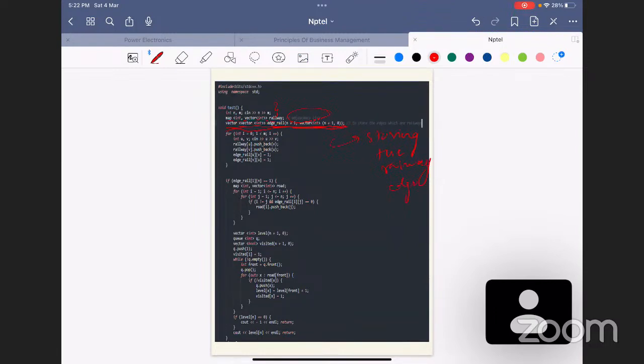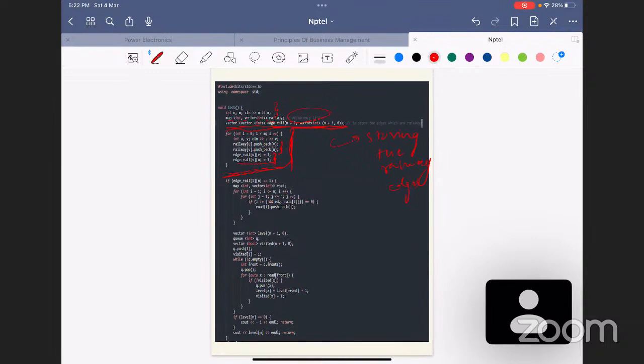So I hope this is clear. And now for each edge, we are pushing back, appending into the adjacency list, and we are making the railway network, okay. So this follow.